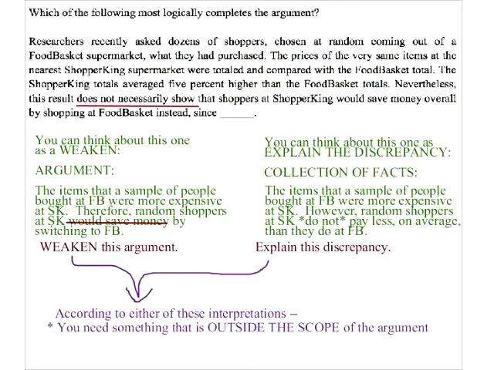And it needs to show that the savings experienced by the sample shoppers does not translate into a general savings relative to the other store.